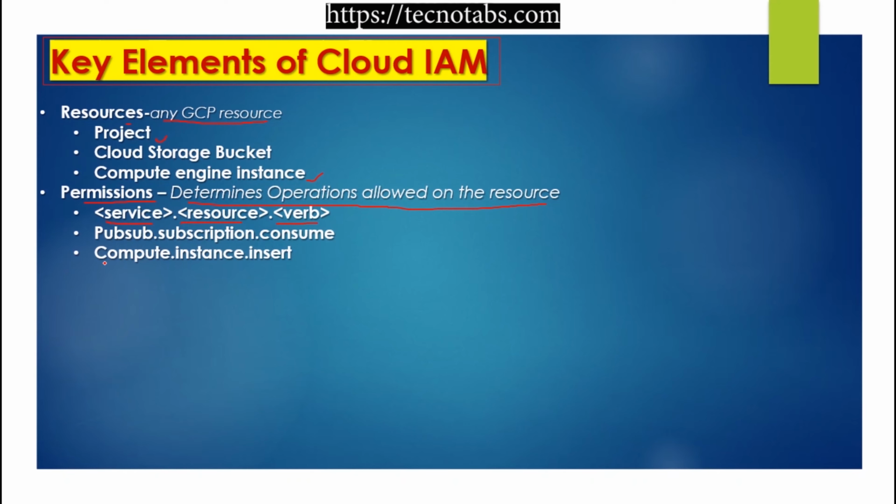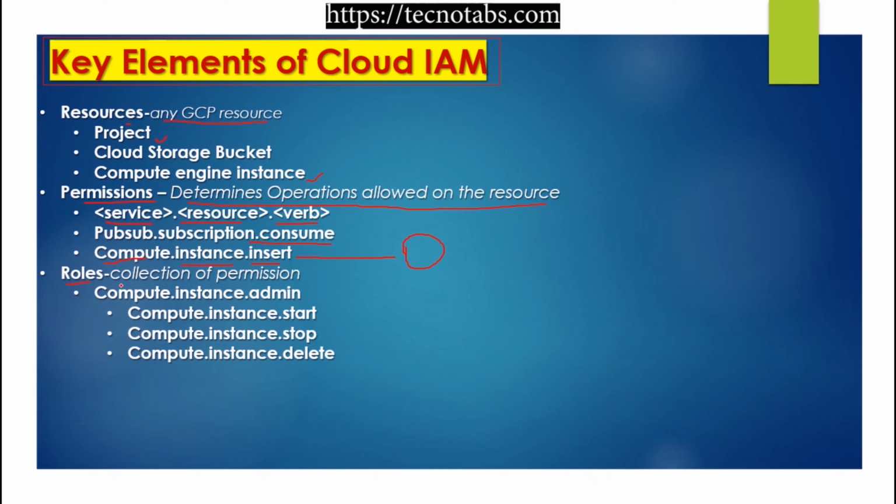For example, the compute.instance.insert permission determines that there is a permission to perform the insert operation, that is, the user can create the Compute Engine. Similarly, the pubsub.subscription.consume permission is used for performing publishing and subscribe tasks on a Pub/Sub model.